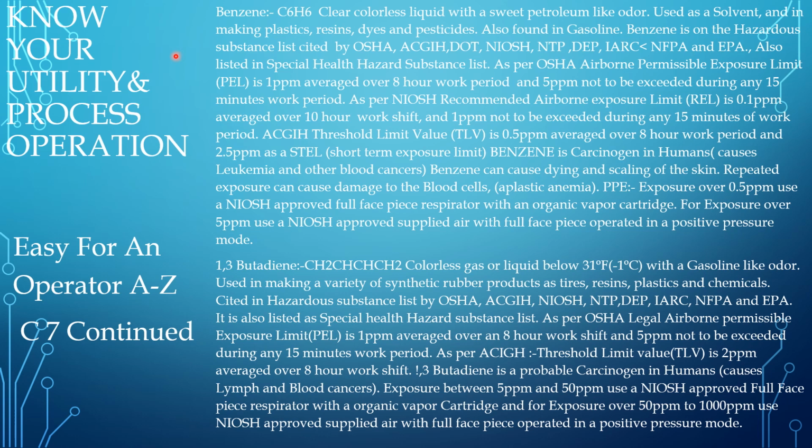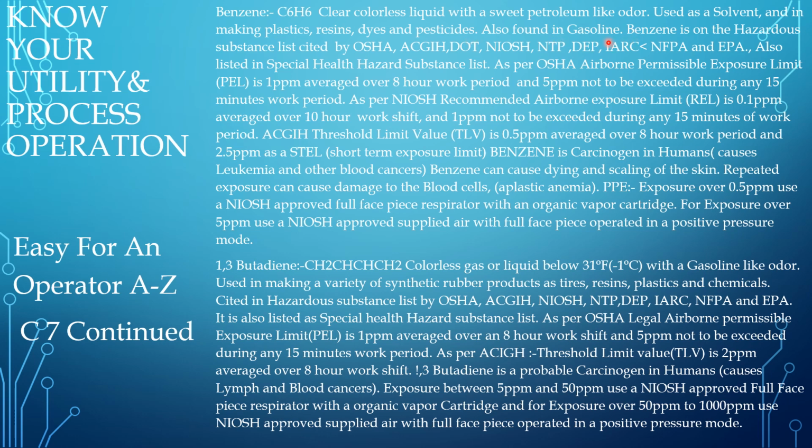In this slide, we'll see another two important carcinogenic chemicals. The first one is benzene, C6H6. Benzene is a clear, colorless liquid with a sweet, petroleum-like odor. Benzene is used as a solvent and in making plastics, resins, dyes, and pesticides.